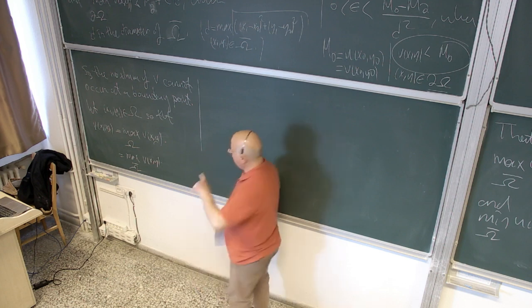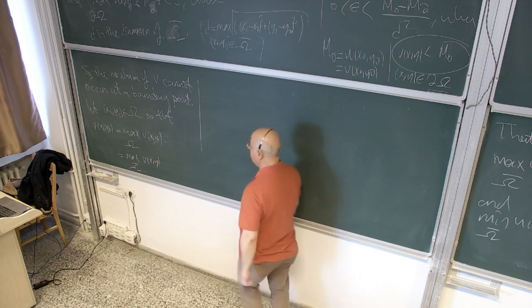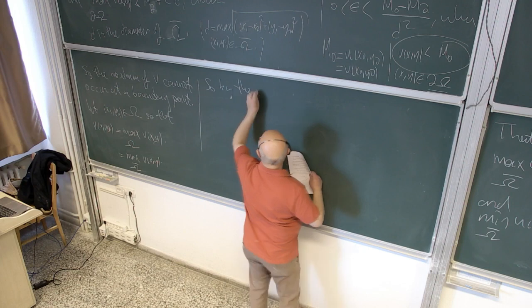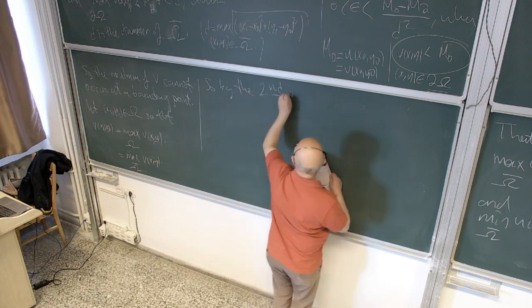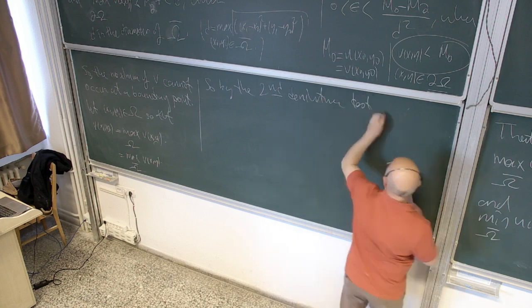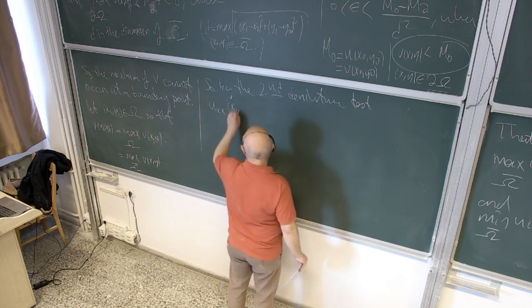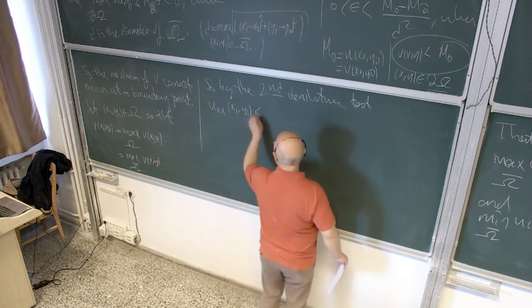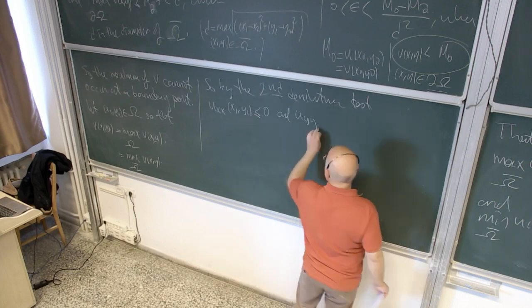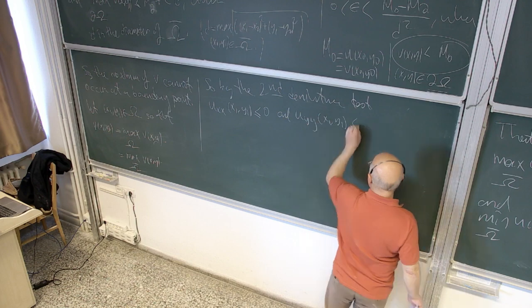If you have a maximum point at an interior point of your region, then by the second derivative test u sub xx x1 y1 should be negative, and u sub yy x1 y1 should be negative.